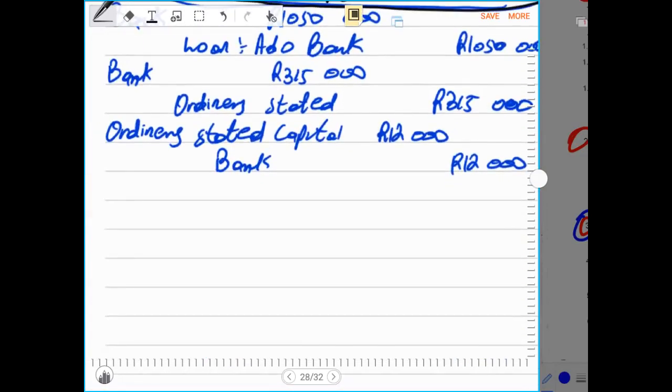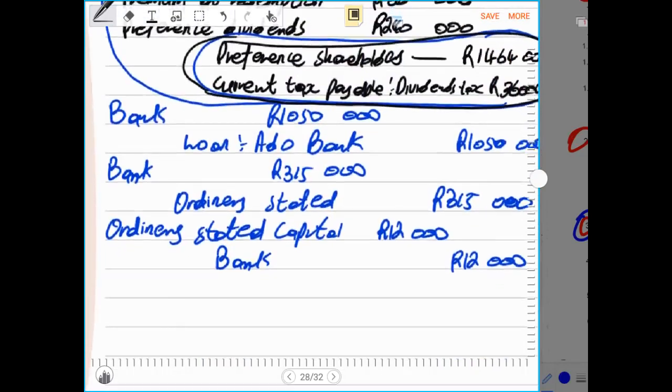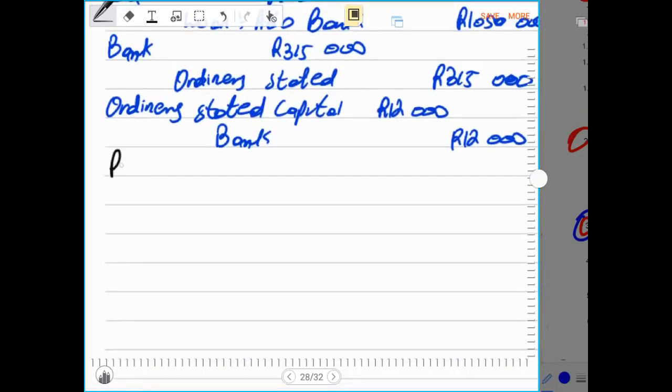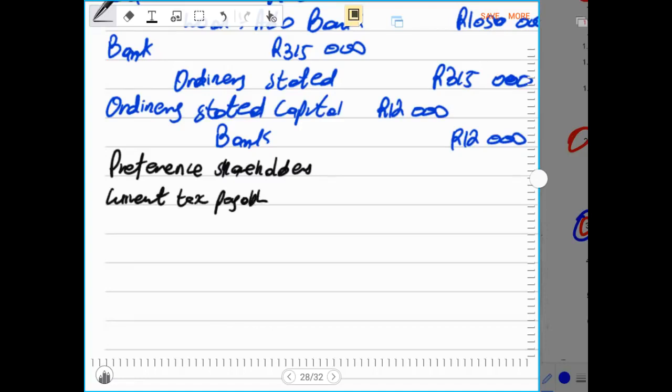When we make the payment, we will debit the liabilities: debit preference shareholders, and we debit current tax payable, dividends tax.